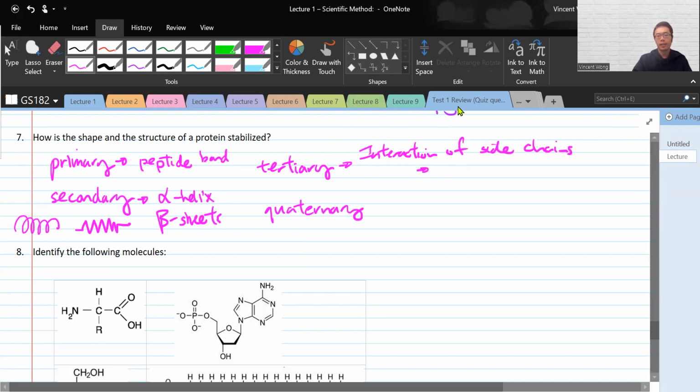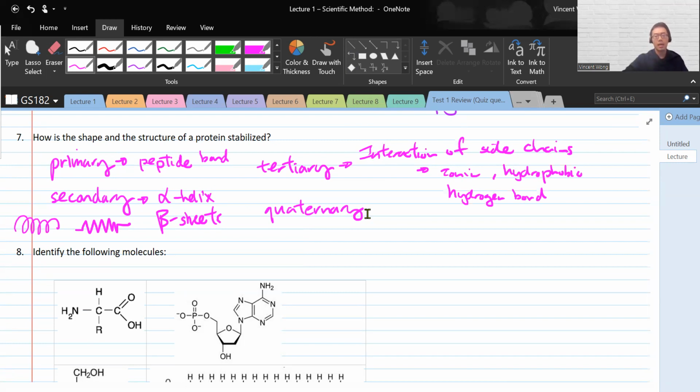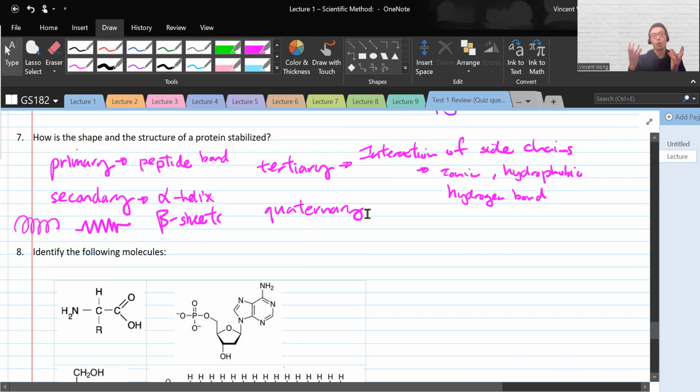We have ionic interaction, hydrophobic interaction, hydrogen bonds. These are all in the PowerPoint slides. There are a few slides that go through this concept, and it shows you what holds the protein shape together.